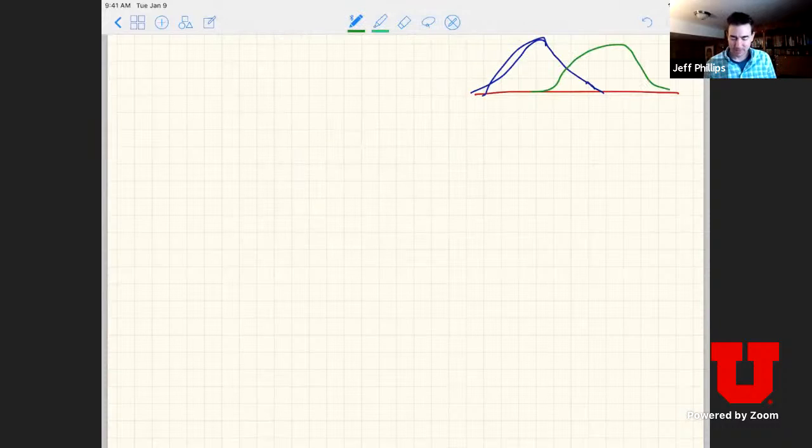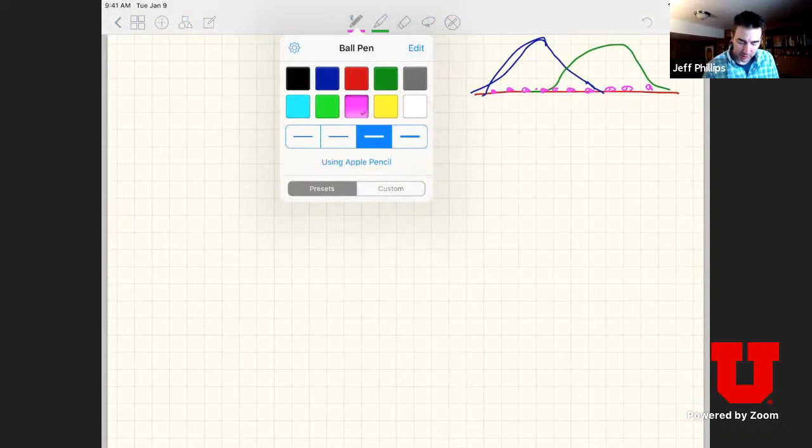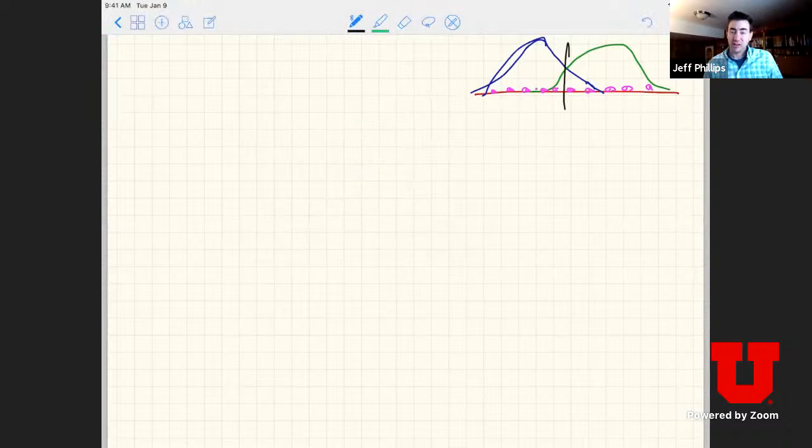And I'm going to have some data points right here. If I use the hard formulation, I'm going to draw some line here. This is F1, this is F2. Everything's assigned to F1 on one side, everything's assigned to F2 on the other side.